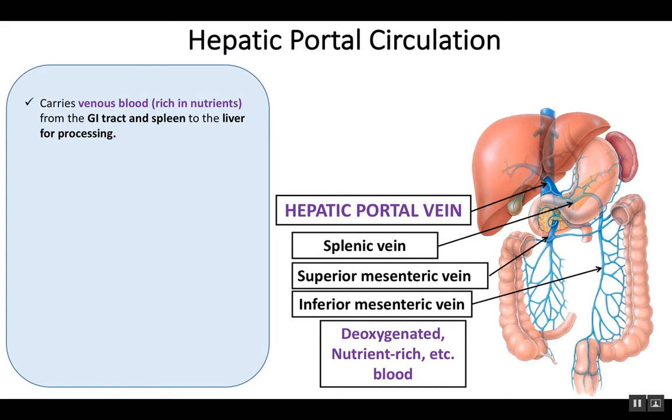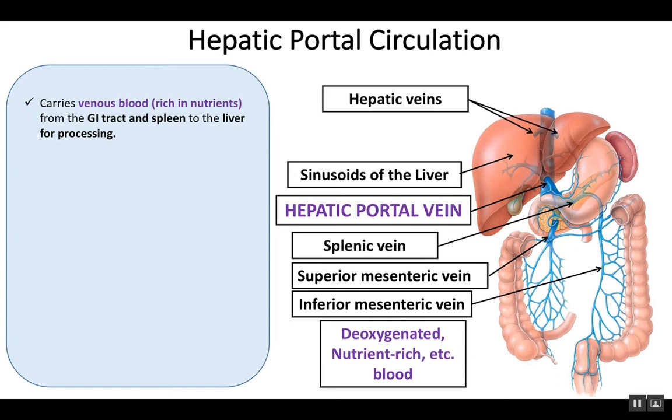Once this blood enters the liver, it goes into the capillaries of the liver, which are a type of sinusoid capillary. And this blood is actually going to mix with the oxygenated blood that's going to the liver from the hepatic artery. But while this blood mixes, the liver cells are going to detoxify the blood, and we're also going to process a lot of these nutrients.